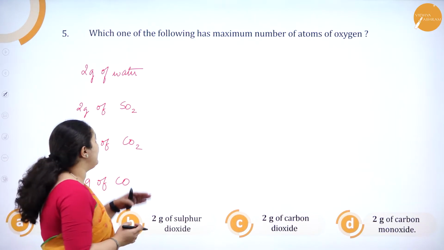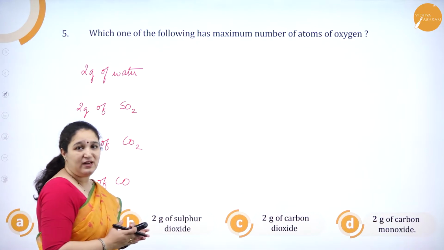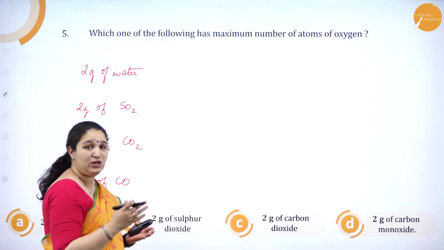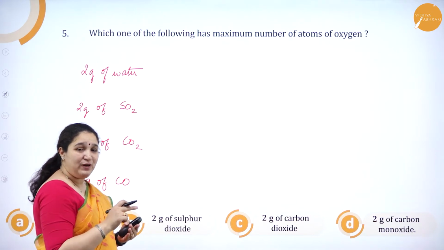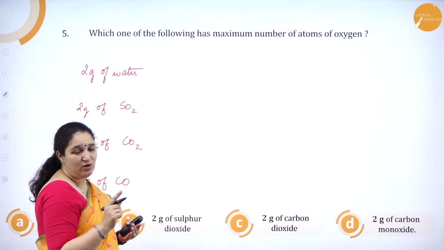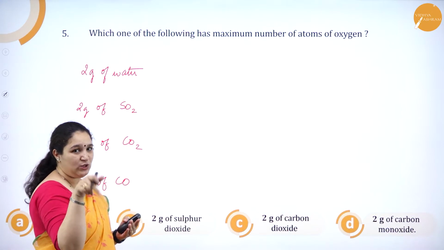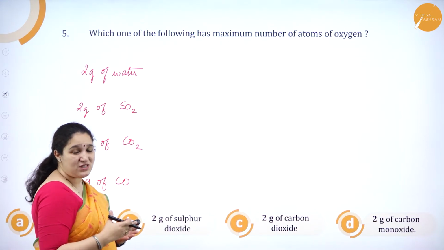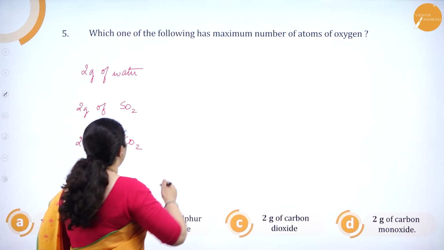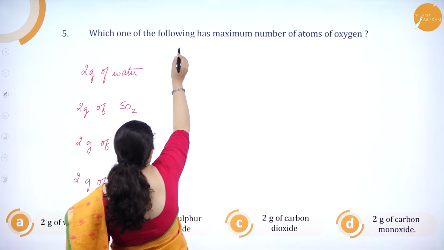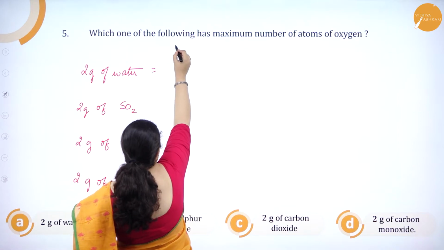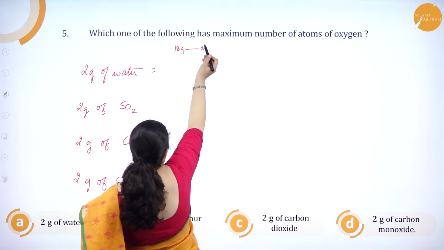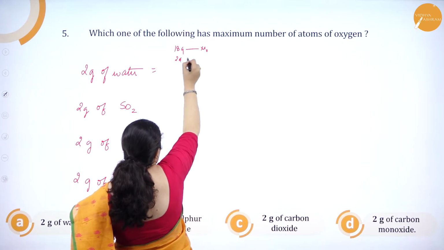We can tell that, for example, for water, 18 grams of water contains 6.022 into 10 power 23 molecules of water. In every molecule of water, there is one oxygen atom. So you have to multiply by 1. That will be the number of oxygen atoms in water. I can just use the cross multiplication method: 18 grams contains Avogadro number of particles or molecules, 2 grams contains how much?